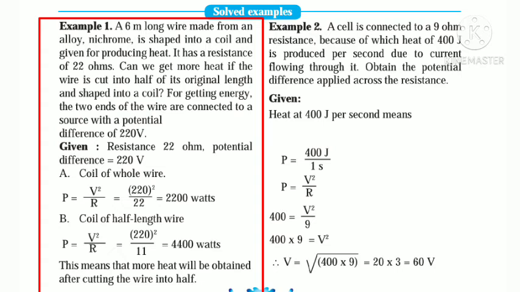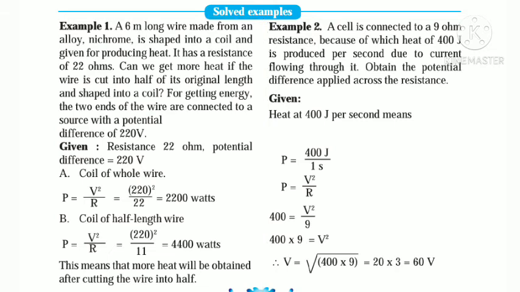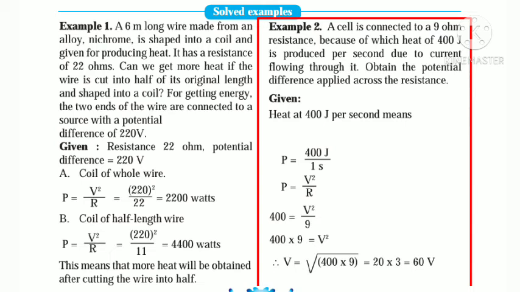Means the more heat will be obtained after cutting the wire into half. In this example, A part power is 2200 watts and part B, when coil is half length wire, the power is 4400 watts.